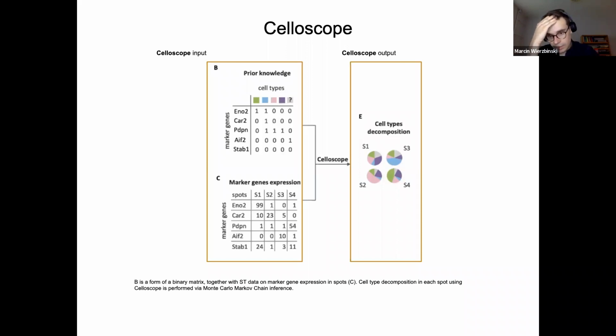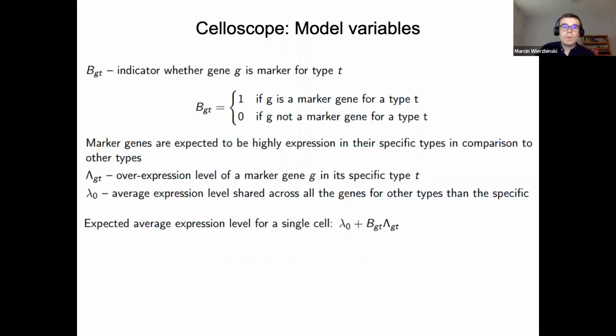So the model, from the assumption on the previous slide, assumes that the hidden cell type mixture depends on our input. Here we have the first variable, the binary variable from the Celloscope model.